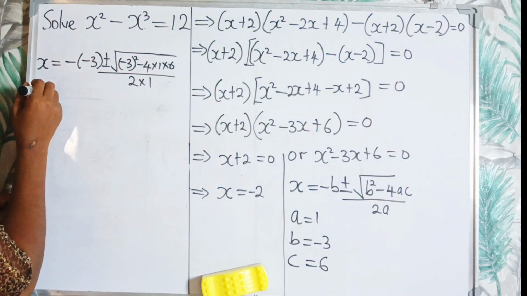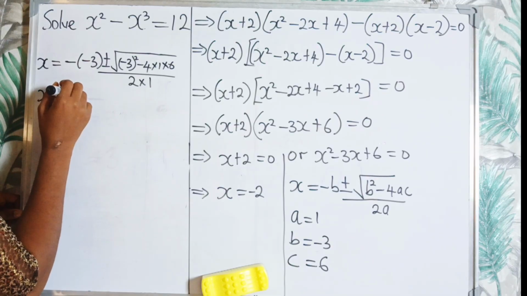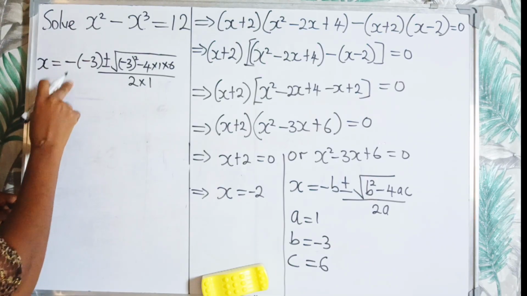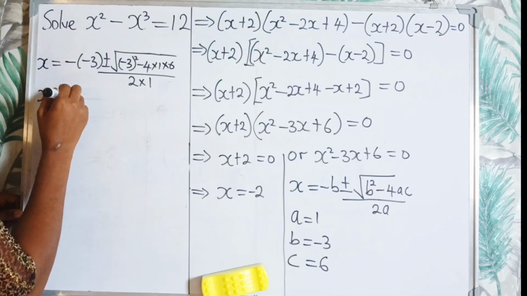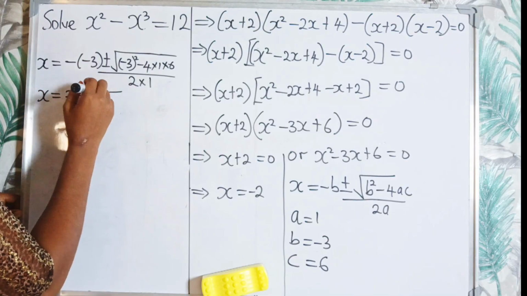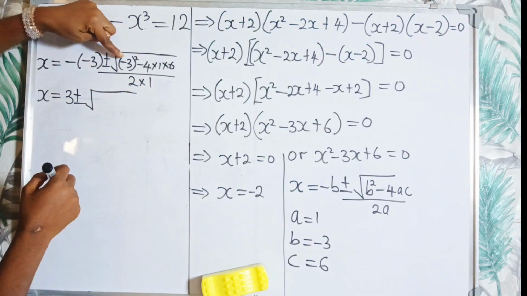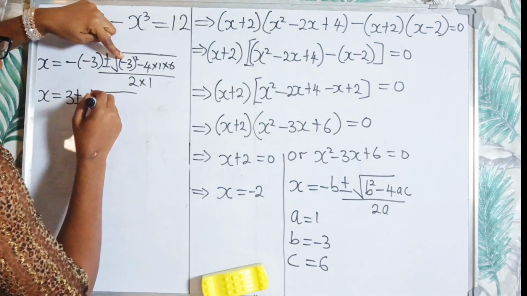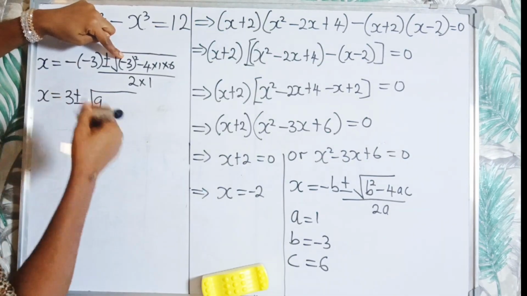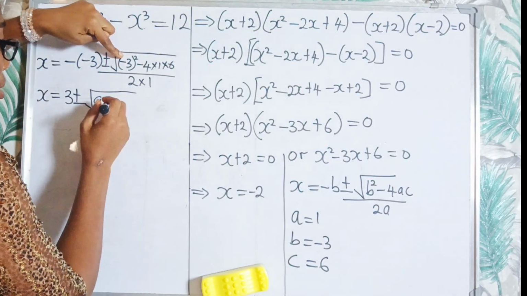Okay, so our x is equal to 3, minus times minus 3 is plus 3, plus or minus the square root of minus 3 squared is 9. Okay, that's minus 3 times minus 3, the sign will change, is 9.